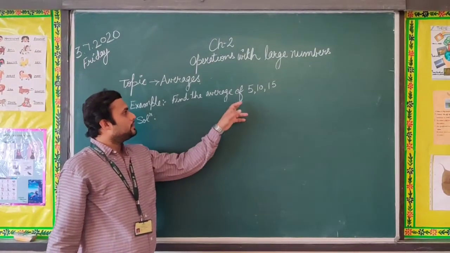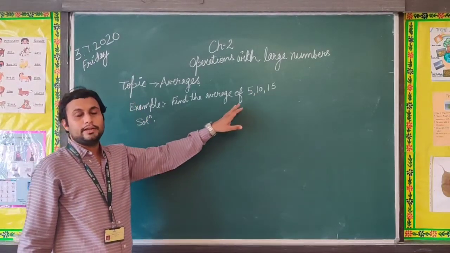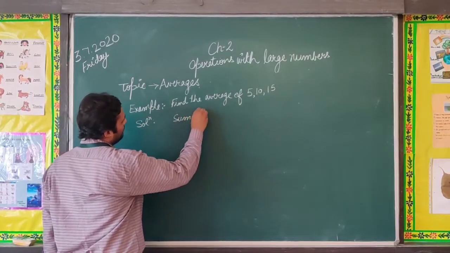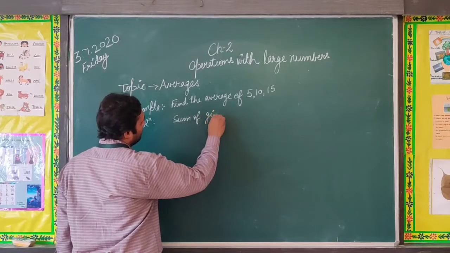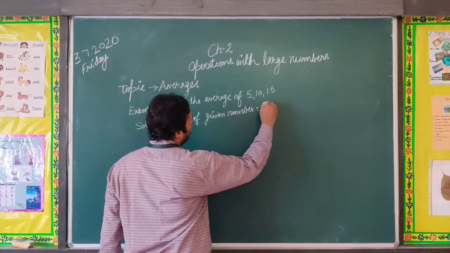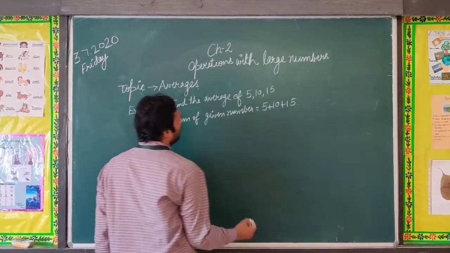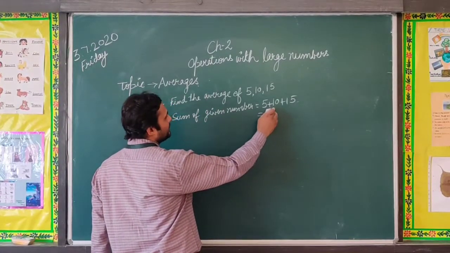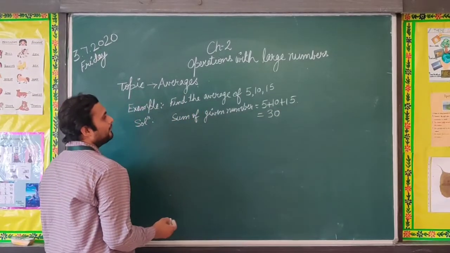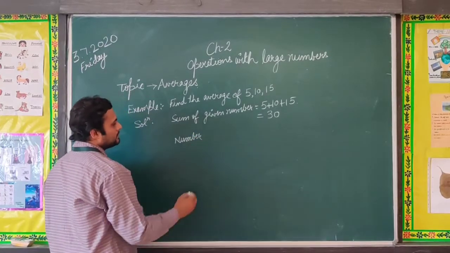Example: find the average of 5, 10 and 15. Three numbers are given to us and we have to find the average. So the sum of the given numbers: 5 plus 10 plus 15. What is the sum? 5 plus 10 is 15, 15 plus 15 is 30. This is the sum of the numbers.